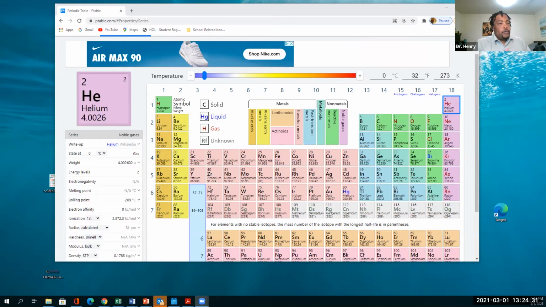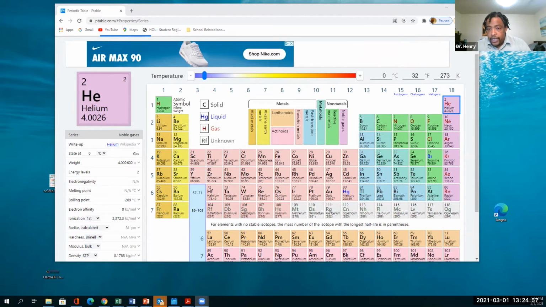So one of the reasons why we do things is for stability. That's the same thing here with these elements. The elements want stability. The noble gases are stable. Everybody wants to be like the Johnsons. They want to be like the noble gases. So you're going to ask me, how are they stable? They're stable because they have their outer shell completely filled with electrons.